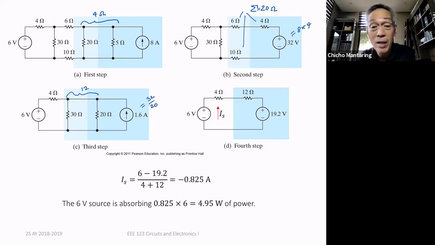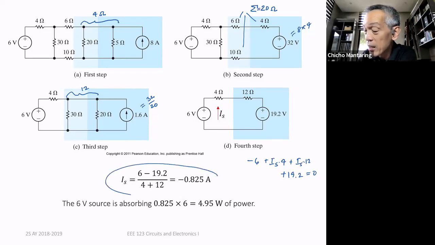And finally, this is just now one KVL loop. What is my KVL equation here? My KVL equation is minus 6, plus IS times 4, plus IS times 12, plus 19.2 is equal to 0. And so IS can easily be computed.